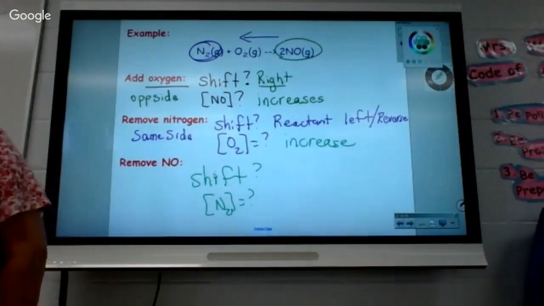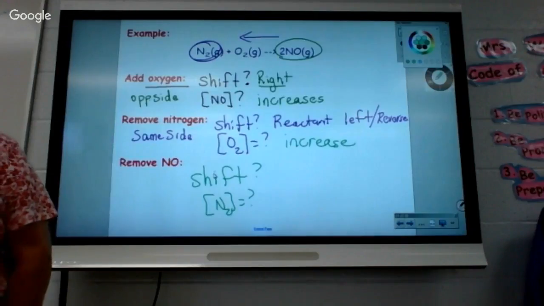What do you think? You don't even have to use forward, reverse, reactants, or products. You can use any of those words.